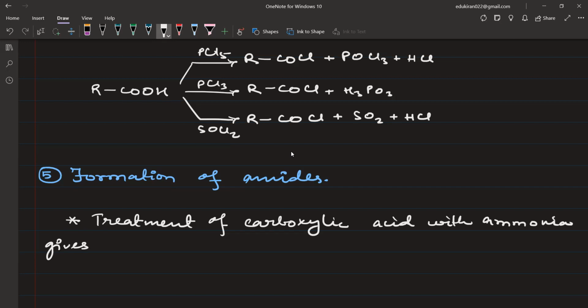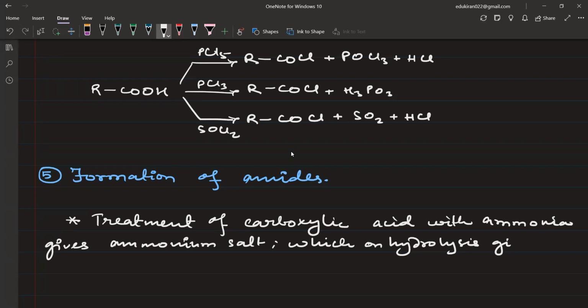It is going to give you an ammonium salt, which on heating, not hydrolysis, which on heating gives amide.